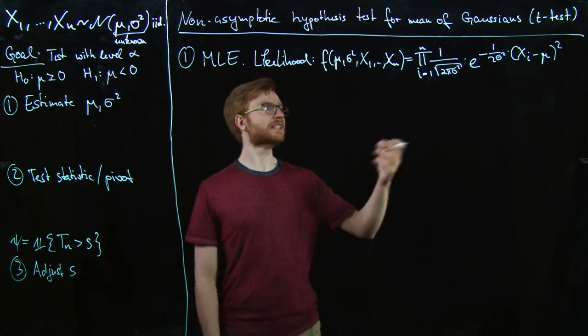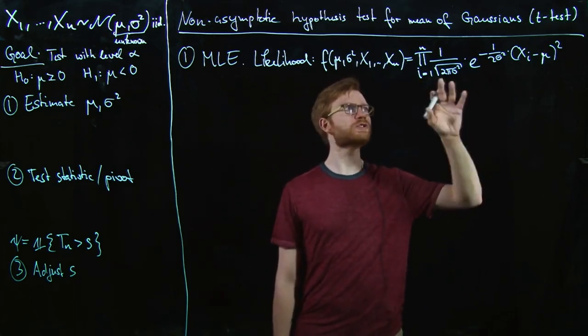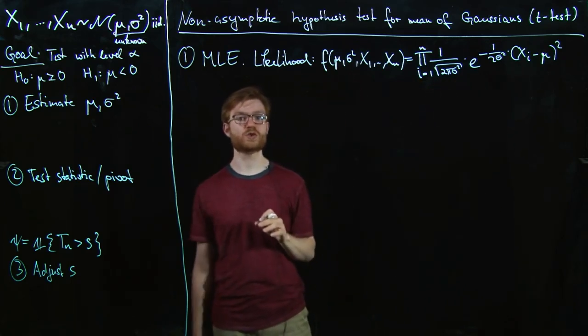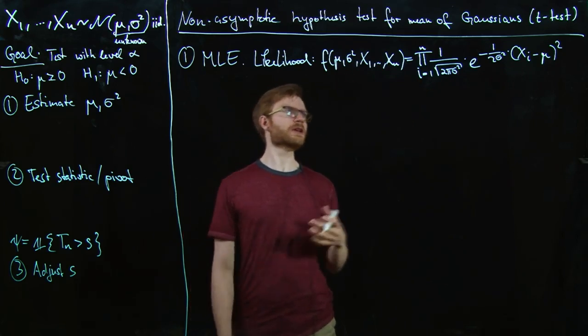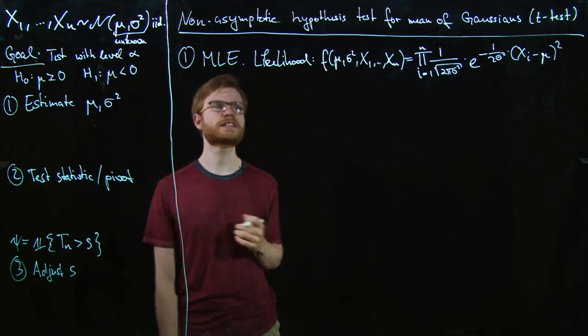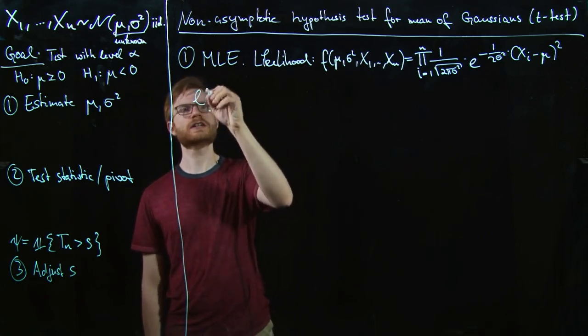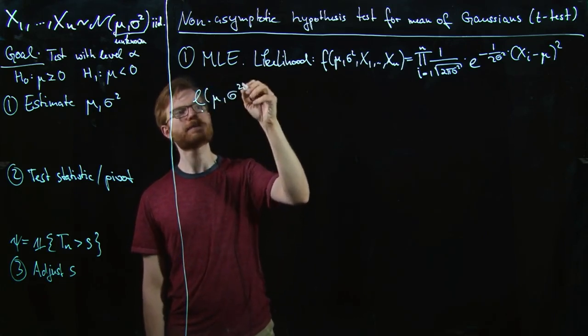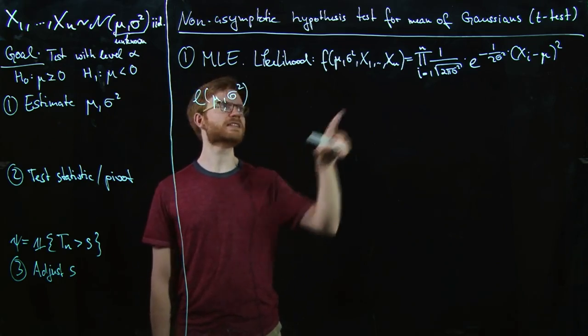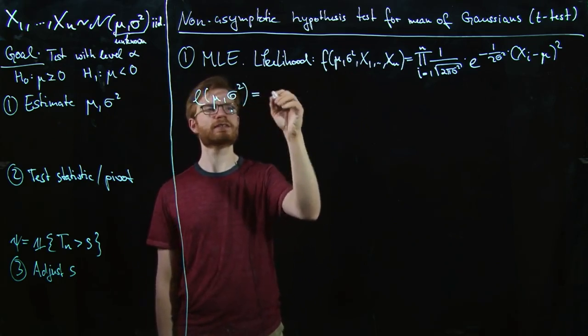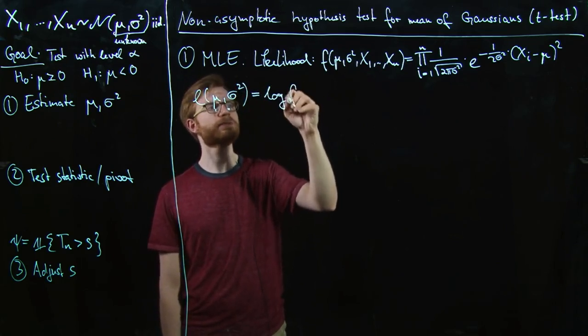Okay, and now, given my samples x1 to xn, I want to maximize this with respect to mu and sigma squared. It's often easier, and this is no exception, to do this on the log level. So let's write down the log likelihood, L. And I'm going to omit the dependence on x1 to xn. That should be understood implicitly.